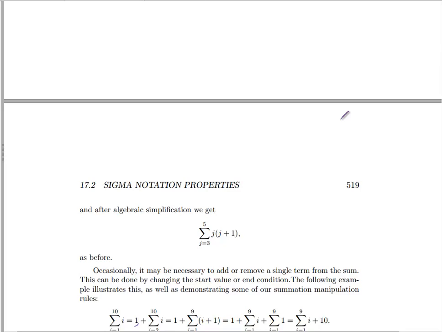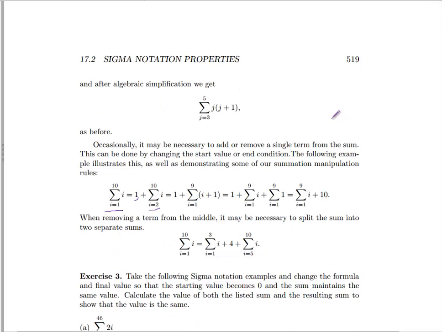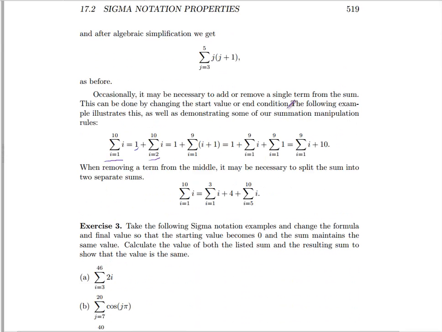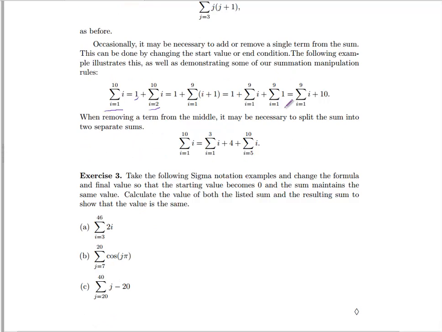All right, now, sometimes you want to split the sum up. In particular, sometimes you want to separate off the first term or the last term. Here's an example where we separated off the first term from a summation. Here's my summation from 1 to 10 of i. If I separate off the first term, I get a 1.